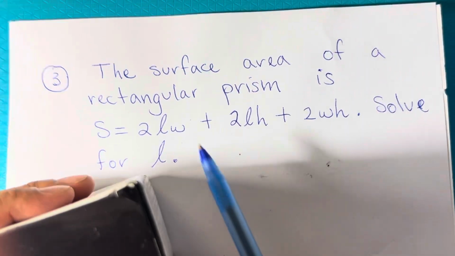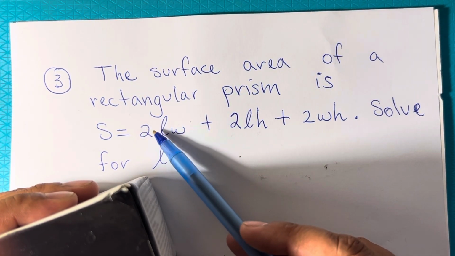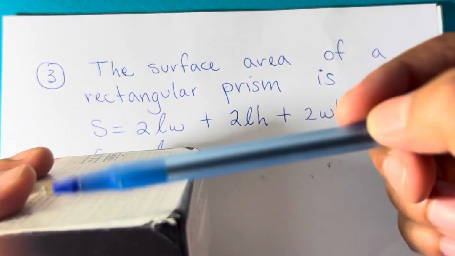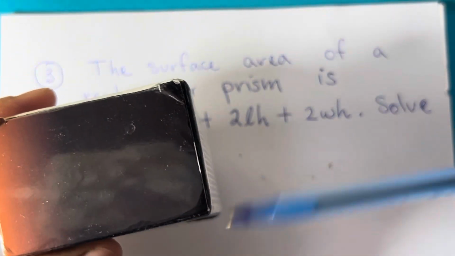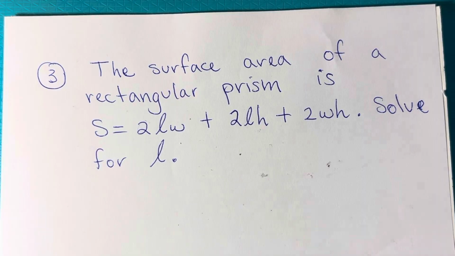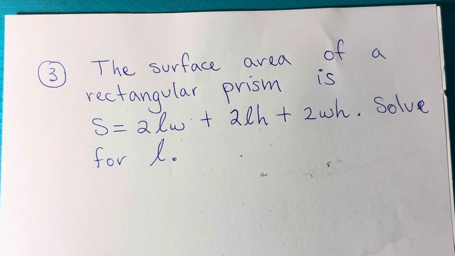And what I want you to understand just super fast is that 2 represents the fact that there are two faces with the same measurement. So the top and bottom are the same, the front and back are the same, and then the left and right are the same. Okay, so there are 2 of each type. That's why you have 3 groups of those faces, if it makes sense.